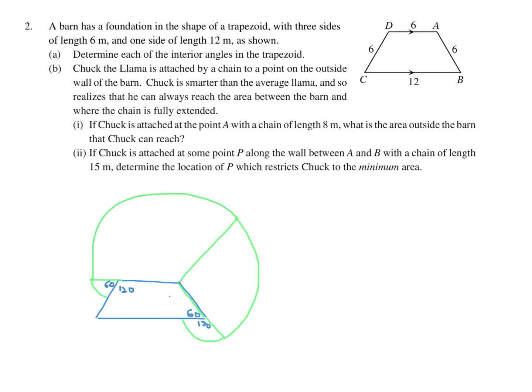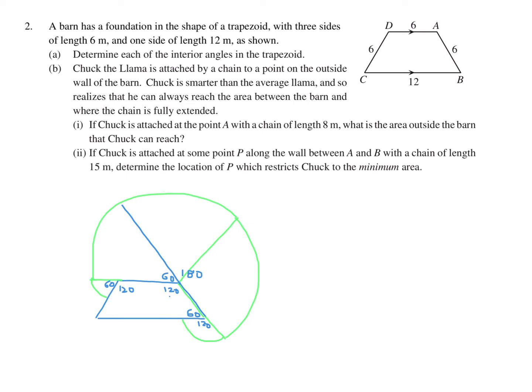And then we also knew that that's 120. So if we were to extend that as a straight line, this whole thing is 180, right? And then this, therefore, would be 60. So there we go. We know the interior angles of those segments, so we can now figure out the area.